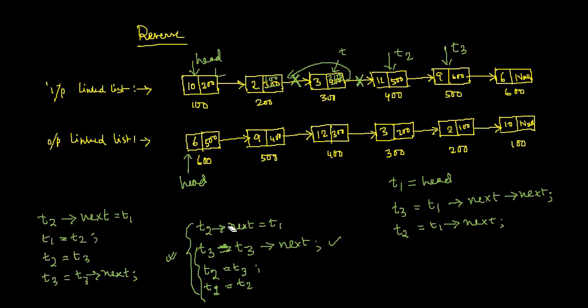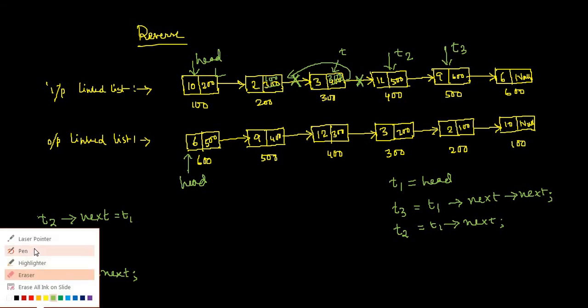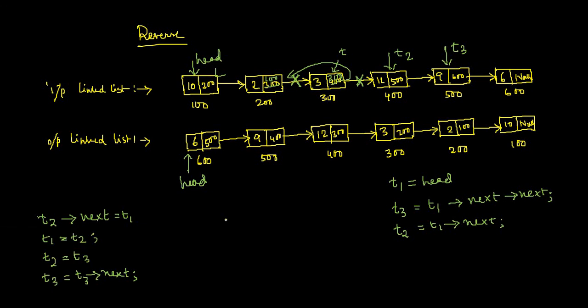Anyway, forget about this particular set of statements. I have already written the correct set of statements here. Now see, after traversing over here, if the situation is something like this, now T2 is here.